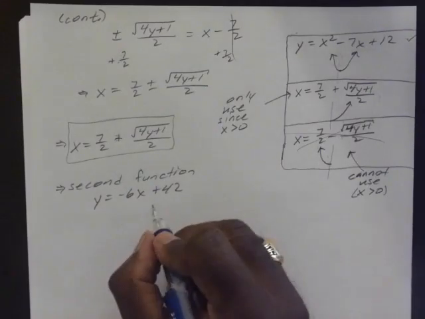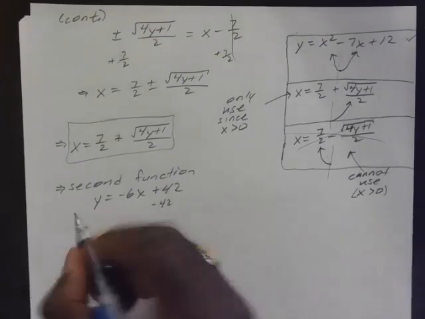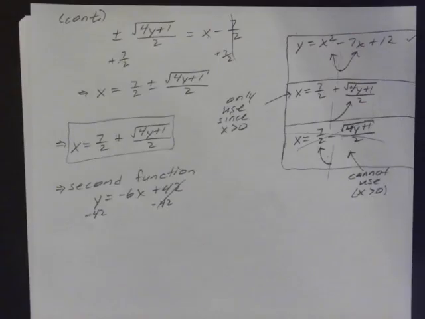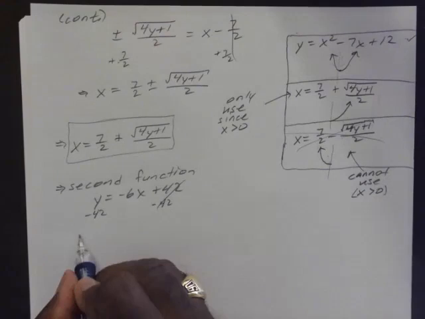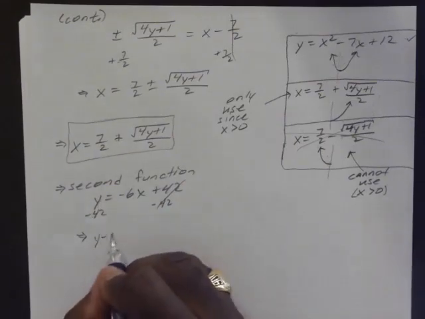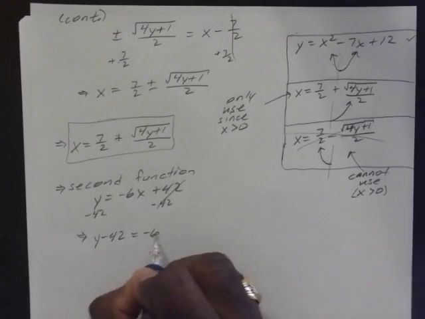So for this one, all you have to do is subtract 42 from both sides. So we have negative 6x is equal to y minus 42, or y minus 42 is equal to negative 6x.